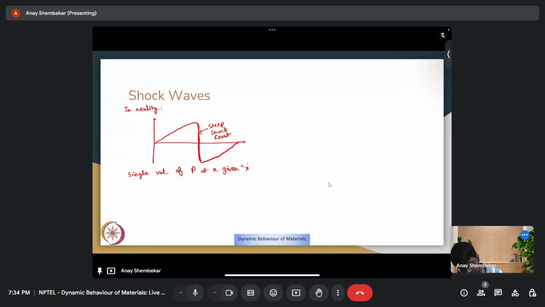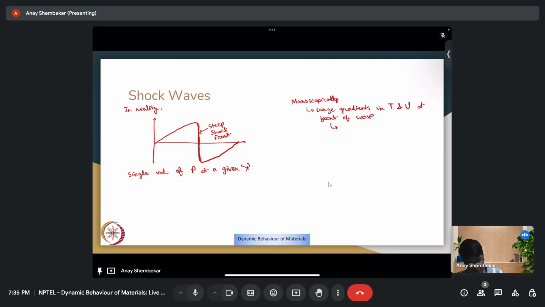If you look at it microscopically, there are large gradients in temperature and velocity at the front of the wave.